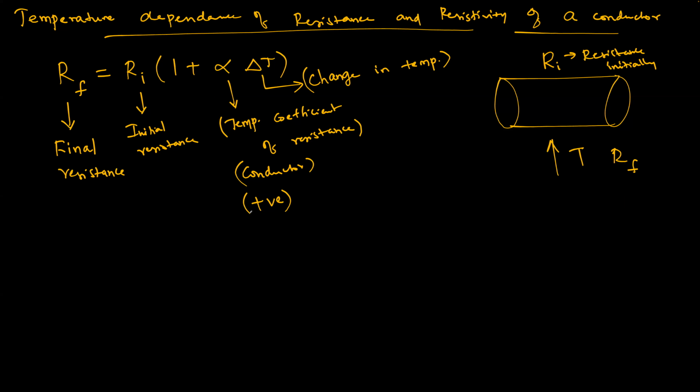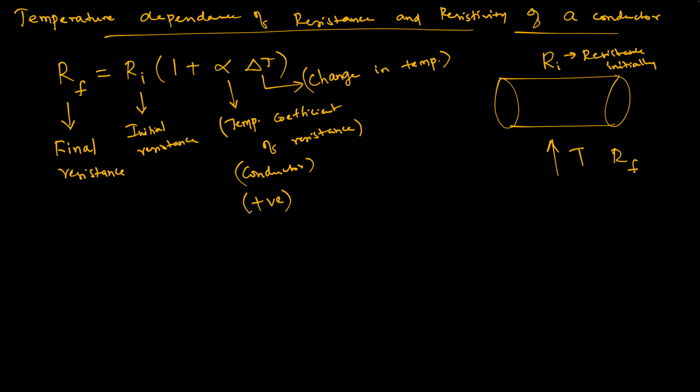Because for materials called semiconductors, which we'll be seeing at the end, they have negative temperature coefficient, meaning if the temperature increases, their resistance will go down. They're inversely proportional. So what I mean by positive is they are directly proportional. Increase in temperature, increase in resistance, decrease, decrease. That's the story. This is how the temperature dependence of resistance will take place.